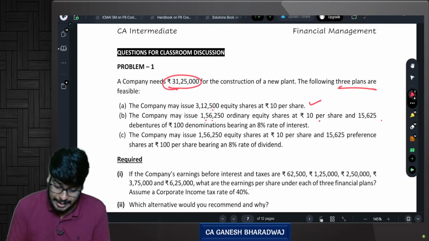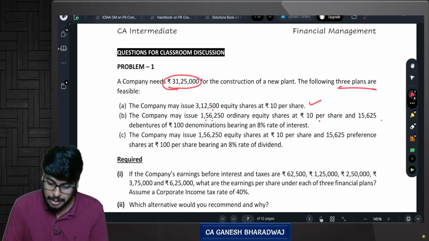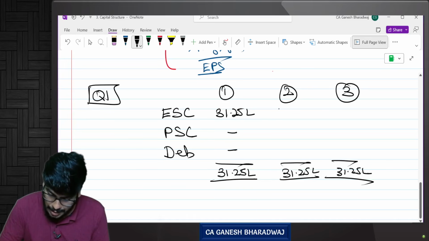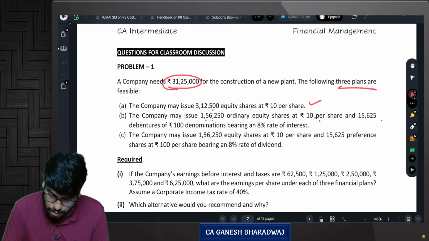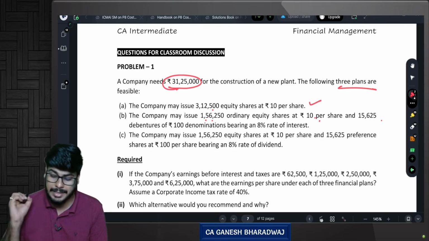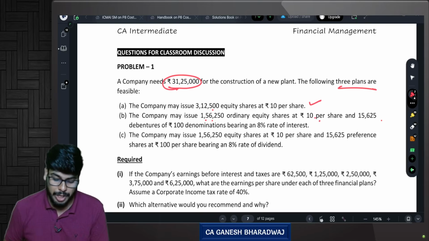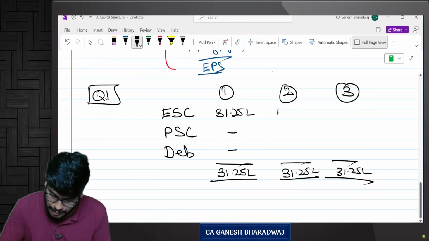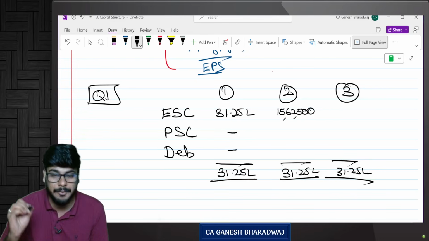Next. The second alternative says 1,56,250 shares at the rate of 10 each. So this is going to be 15,62,500 rupees raised from equity.